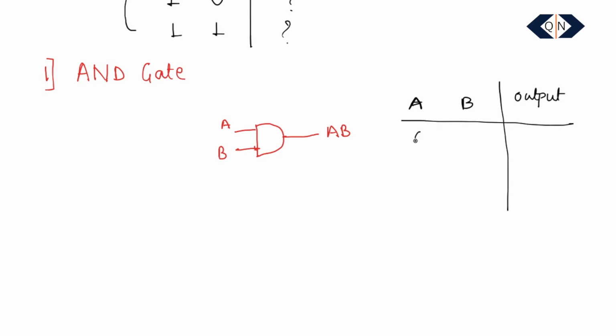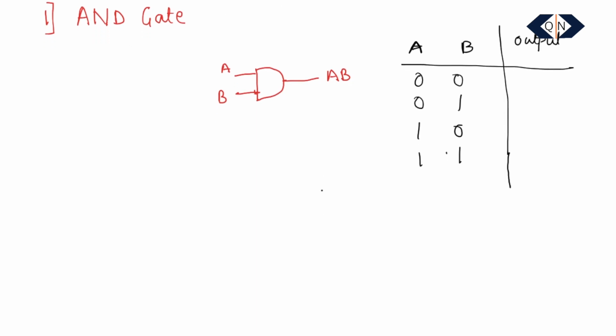We have four possible combinations. Let's check. What happens in this case is we will be having multiplication, binary multiplication. 0 into 0, we will get output as 0. If we multiply 0 into 1, we get 0.